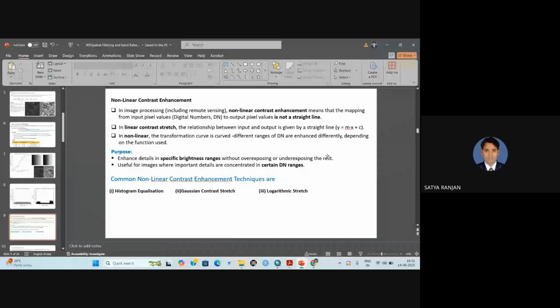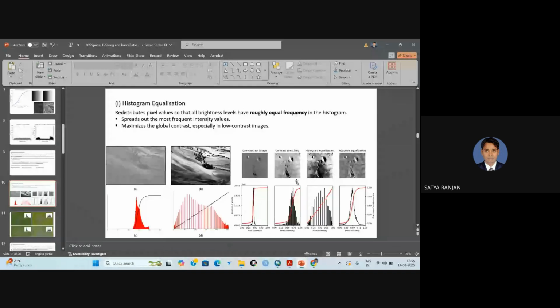If there is high brightness in some areas, it can be reduced by different techniques, without over-exposing or under-exposing the rest.